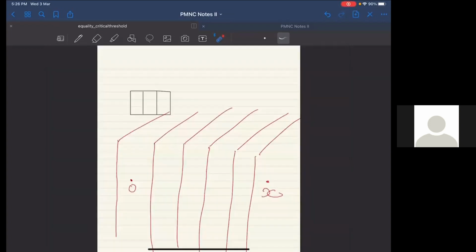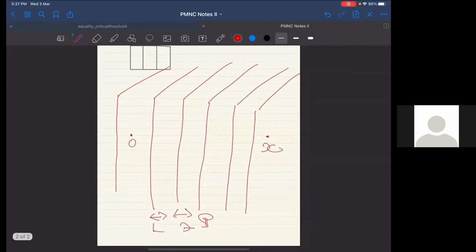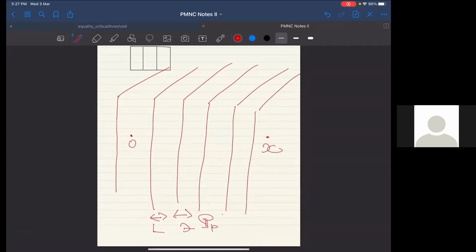So let L be such a width. So the probability that 0 is connected to infinity within the slab is positive.